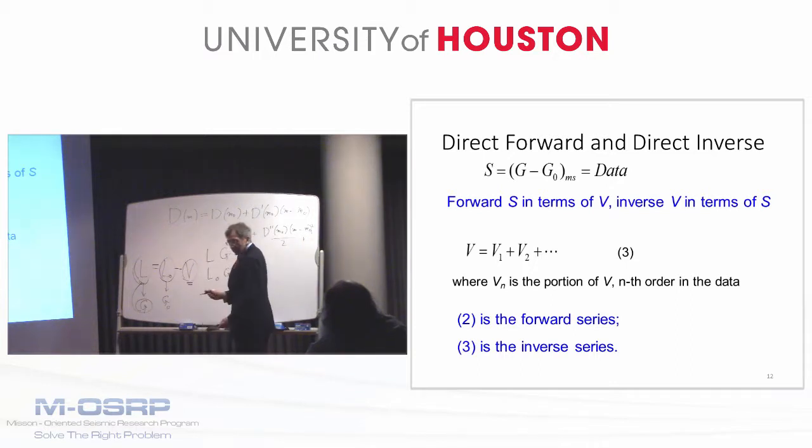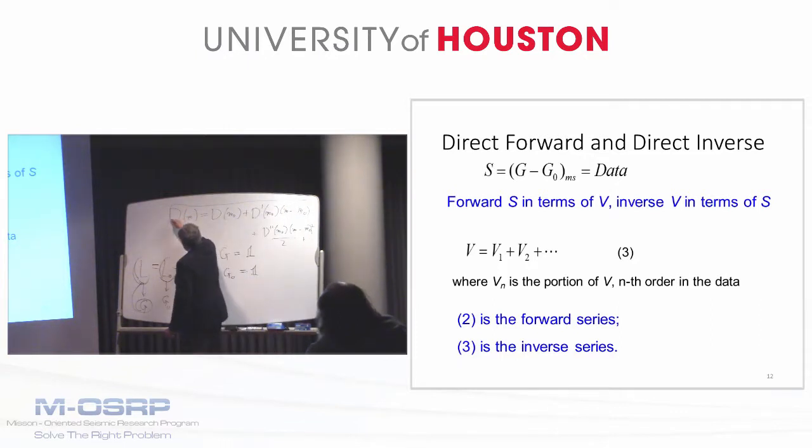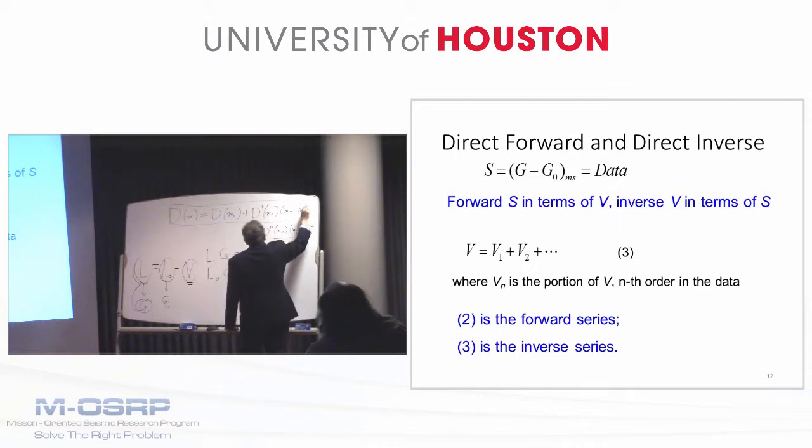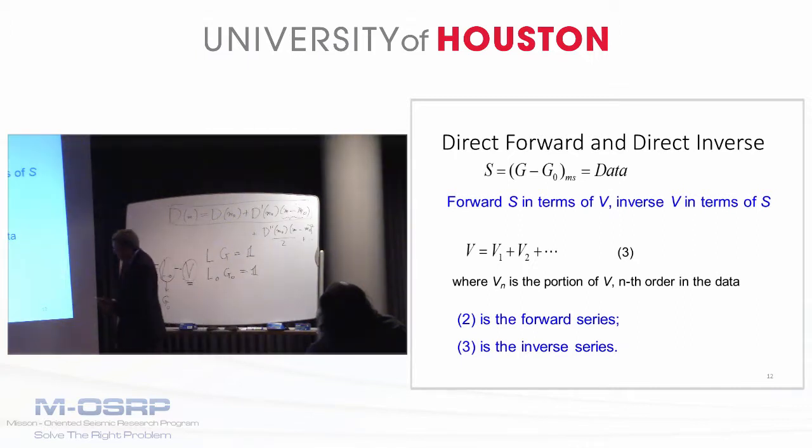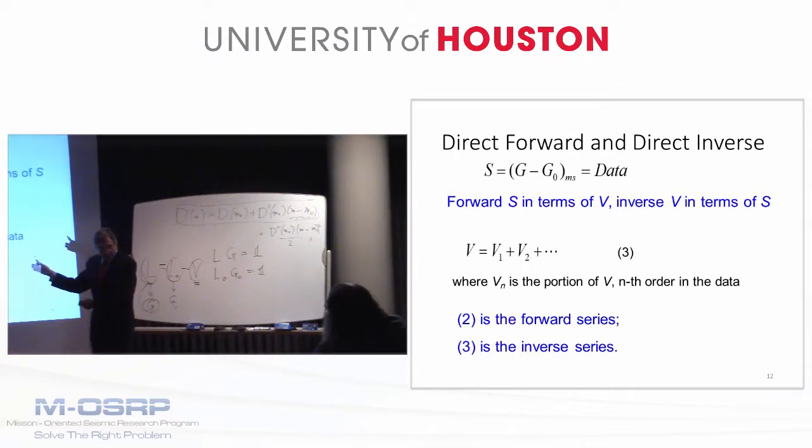Then if you get this difference in the data, they truncate this, and you'll see they invert for M minus M0. There'll be a similar thing happening here in a minute.